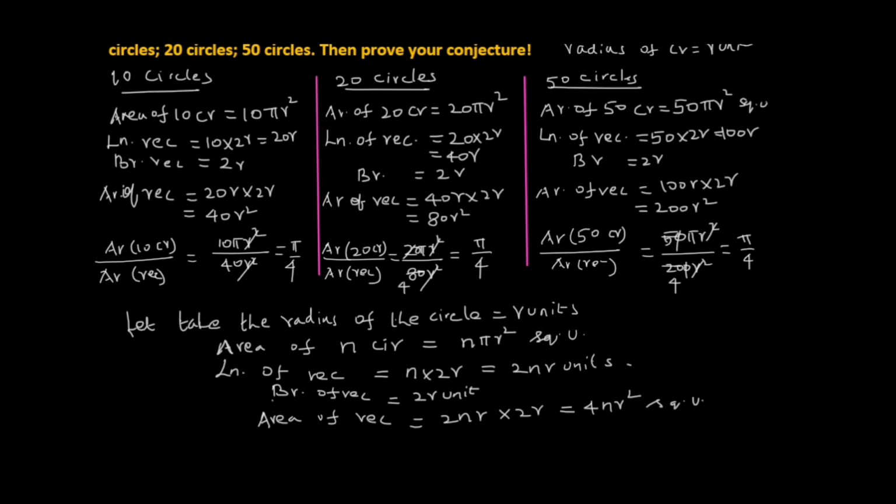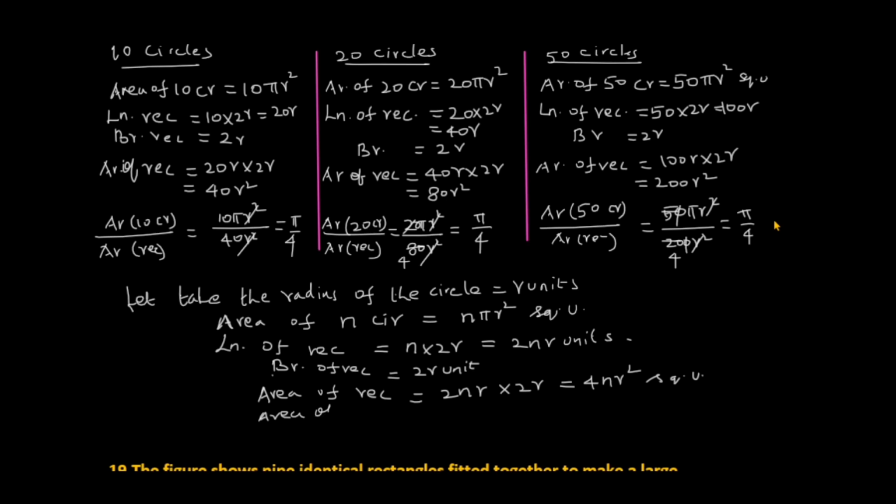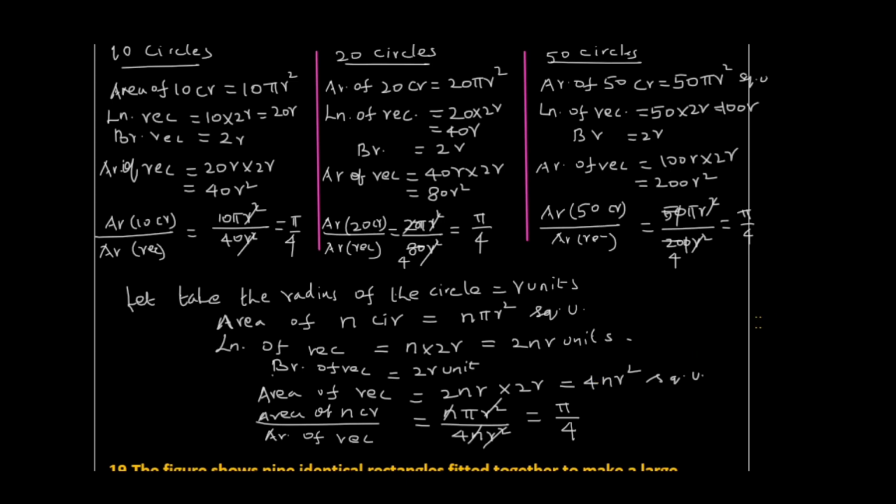To find the fraction, area of n circles divided by area of rectangle is equal to n pi r squared divided by 4n r squared. Cancel r squared, n and n, that is equal to pi by 4. So however many circles are increased, the length also increases. So the occupied area is pi by 4.